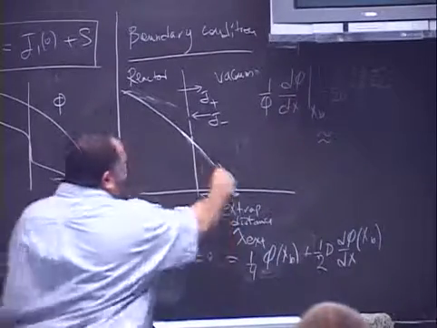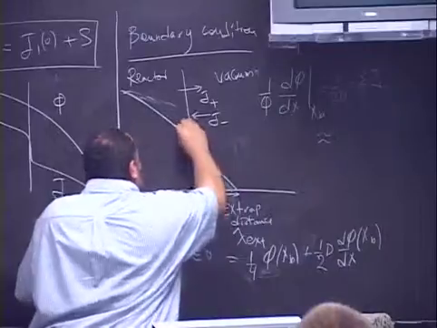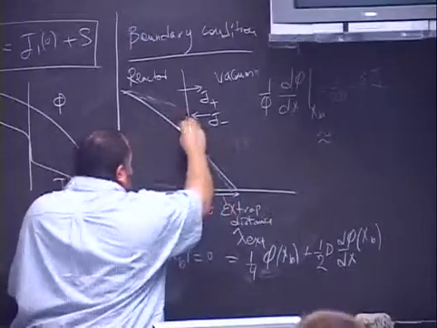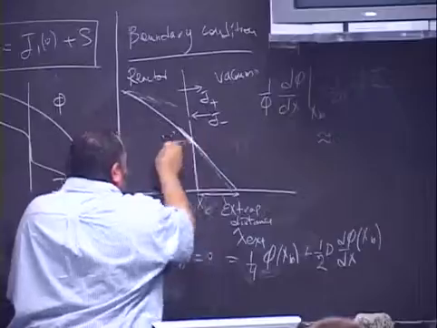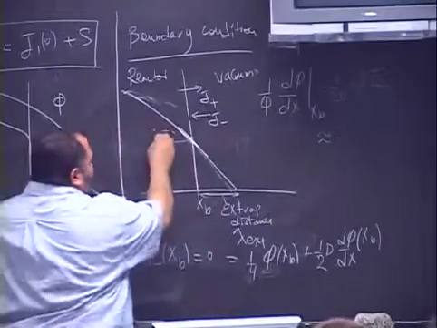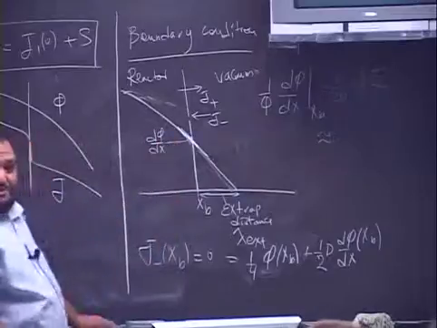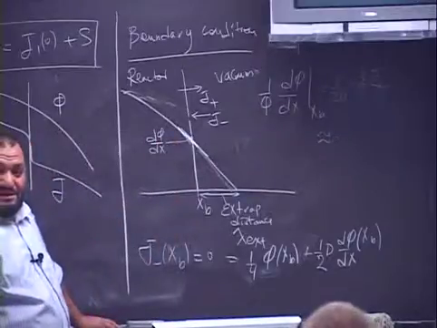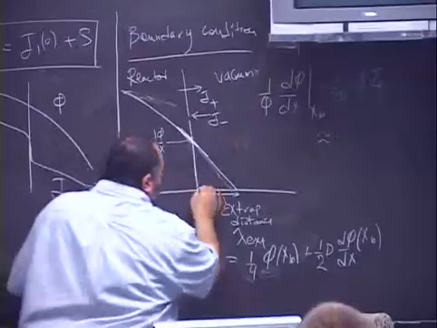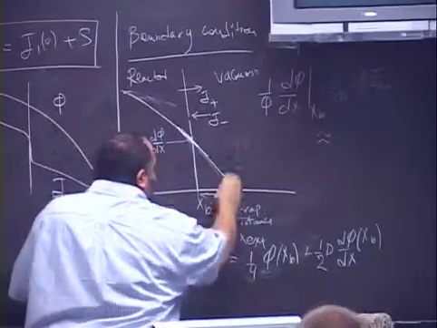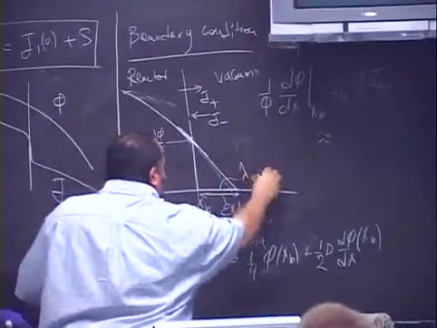Okay, look at this here. What's this at this point? Slope. And the slope is equal to dphi/dx. Yes? And we define this point to be lambda extrapolated.